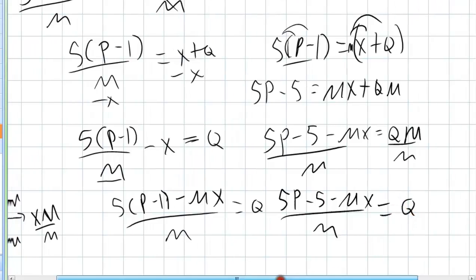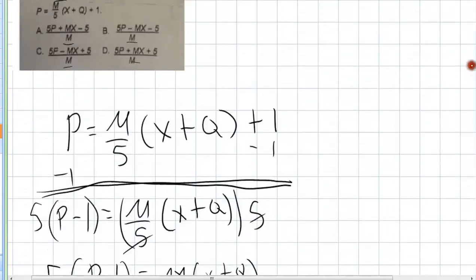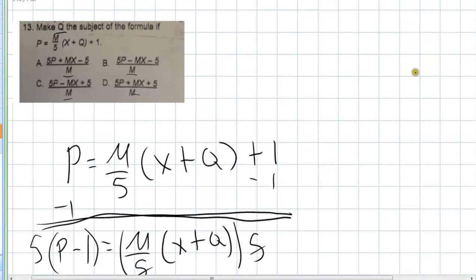And so these two answers are actually exactly the same. It's totally okay, whichever one makes the most sense to you. Just remember to distribute at the end, and then you'll have the same answer.